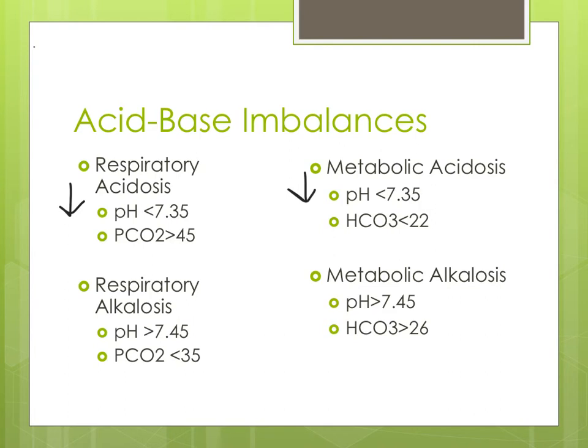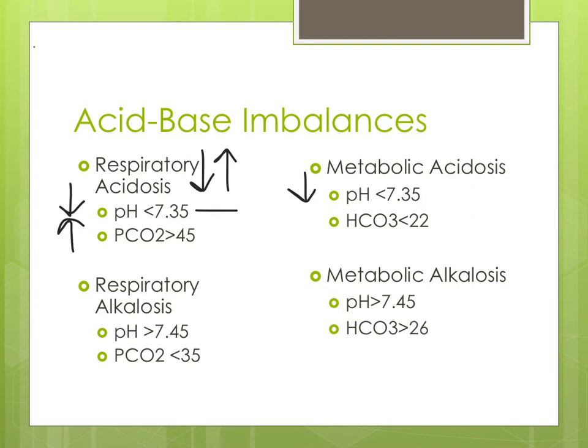For both metabolic and respiratory, the acidosis pH is less than 7.35. But then let's say that you looked next at your PCO2 and it was greater than 45. Well, if your PCO2 is abnormal, then you make your arrow go up because it's increased, and this is respiratory acidosis. You have a decreased pH, but an increased PCO2. Arrows go in the opposite direction.